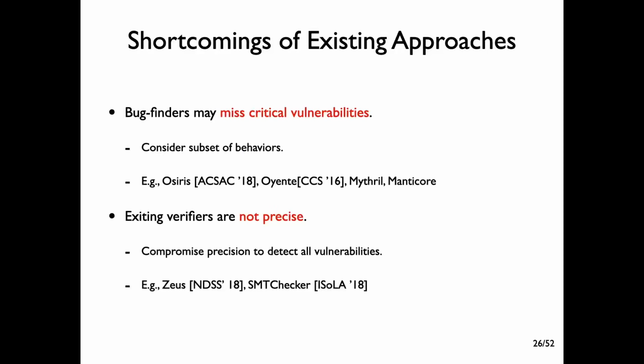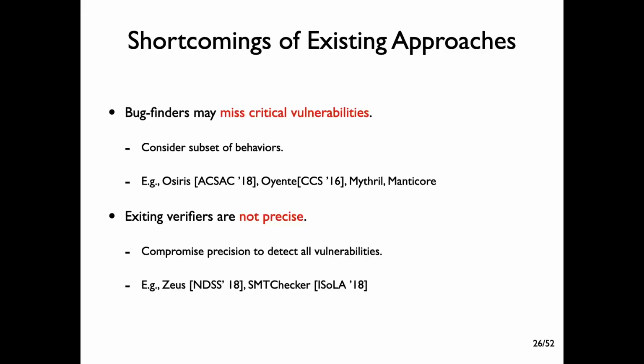To summarize, all existing approaches for automatically analyzing smart contracts have critical limitations. The major weakness of bug-finding approaches is that they may miss critical vulnerabilities. This is because bug finders do not consider all the possible behaviors of the programs.